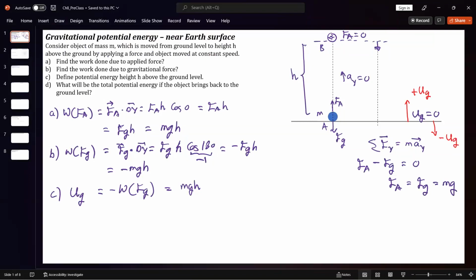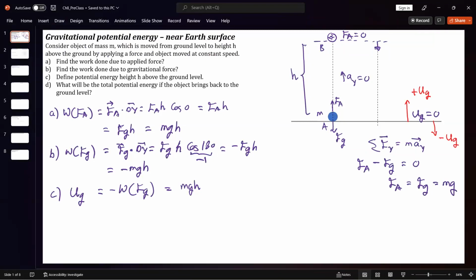That's the idea. Any object above the ground can come back to the ground level automatically because it has stored energy. But any object below the ground level cannot come back automatically; we have to bring that object back by applying external energy. That's the idea of negative energy there.